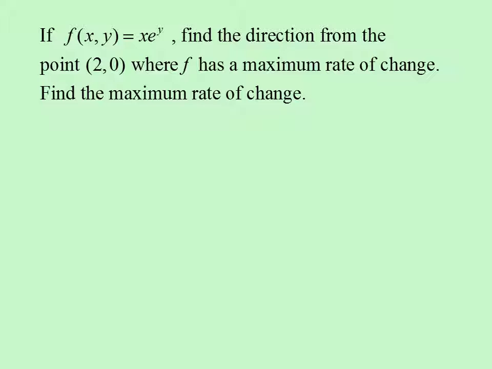Here we're given the function z equals x e to the y, and we're asked to find the direction that we're going from the point 2, 0, where we have a maximum rate of change. So if this is a surface, and we're standing on that surface above x equals 2, y equals 0, the question is, where is it the steepest?